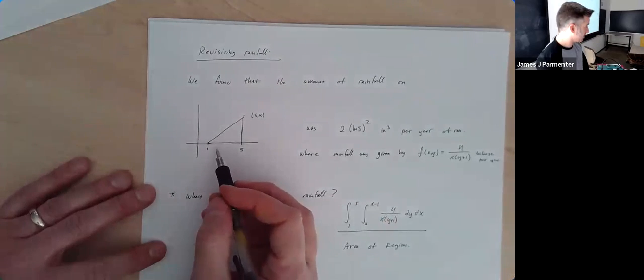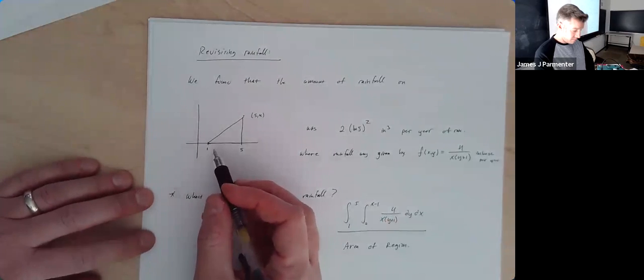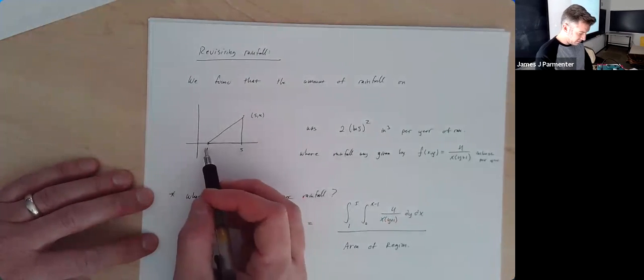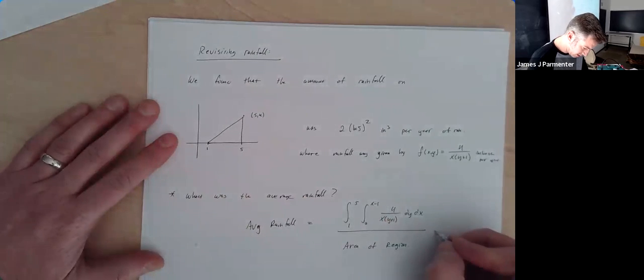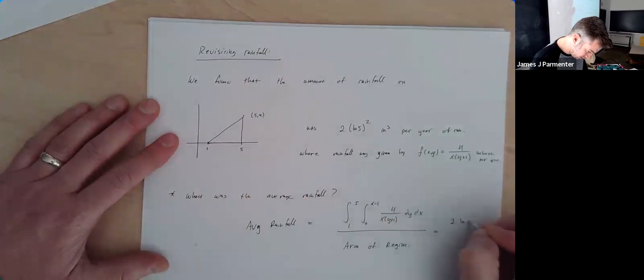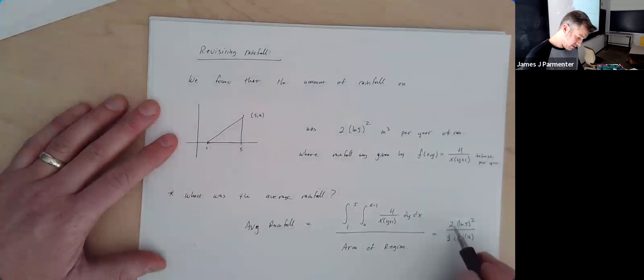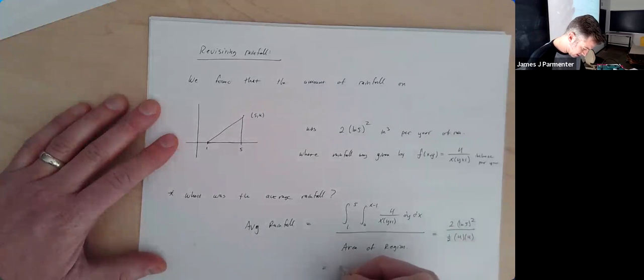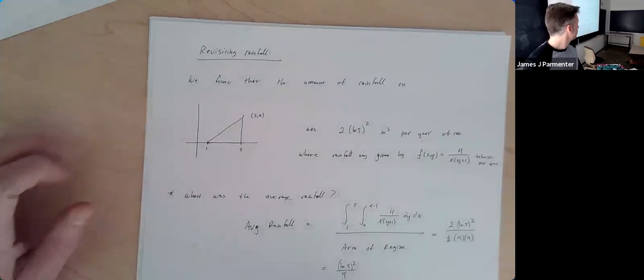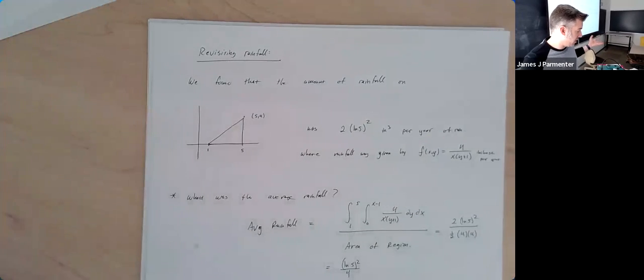We can find the area easily using geometry: it's 1/2 times 4 times 4, which is 8. So we get 2 natural log of 5 squared divided by 8, which reduces to the natural log of 5 squared over 4, because I cancel the 2. That's it as far as average values go.